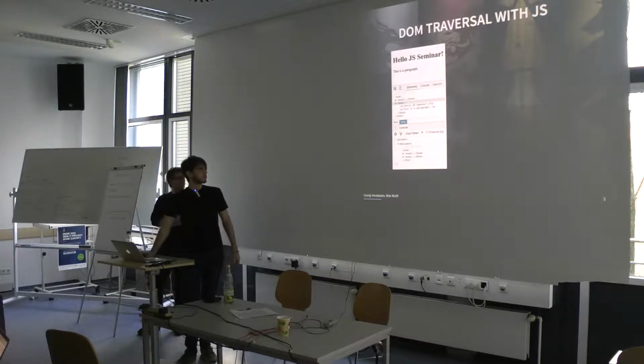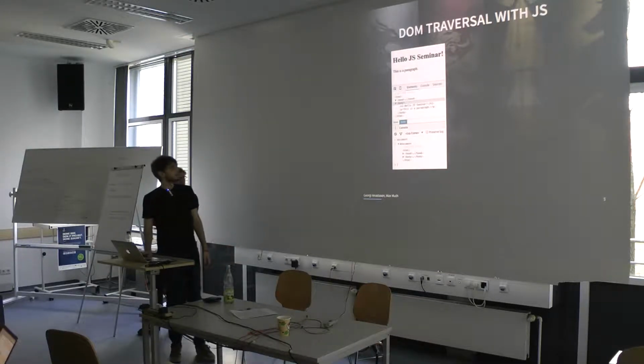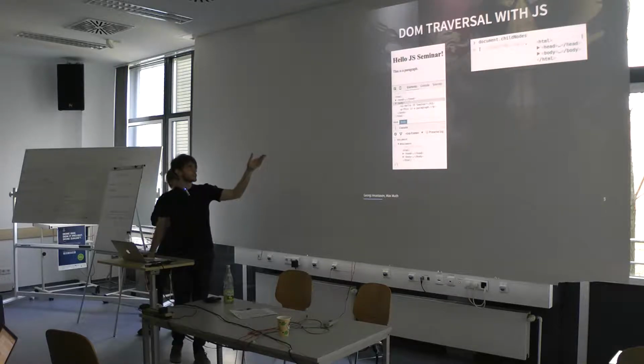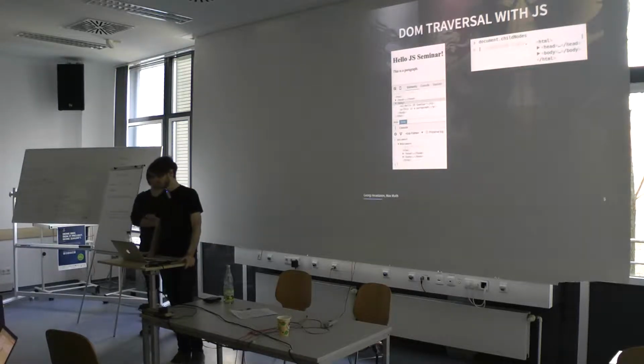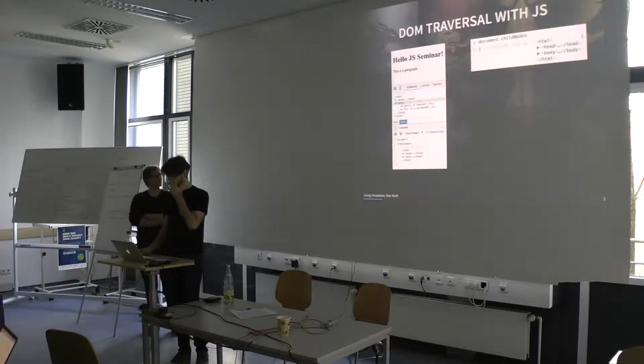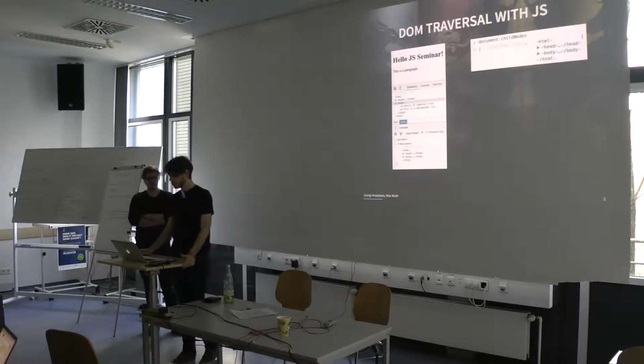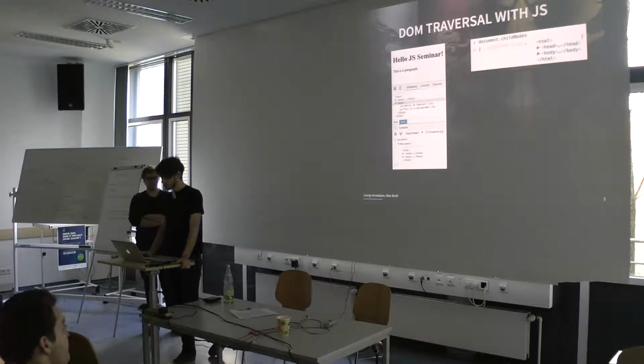If we want to traverse the tree, we can simply write in the console document.childNodes, and this gives us the information about the children of the node. It's the root. Mainly every single node of the tree has a parent, and only one parent, except for the root, which has no parent. This is the root we're seeing right now.